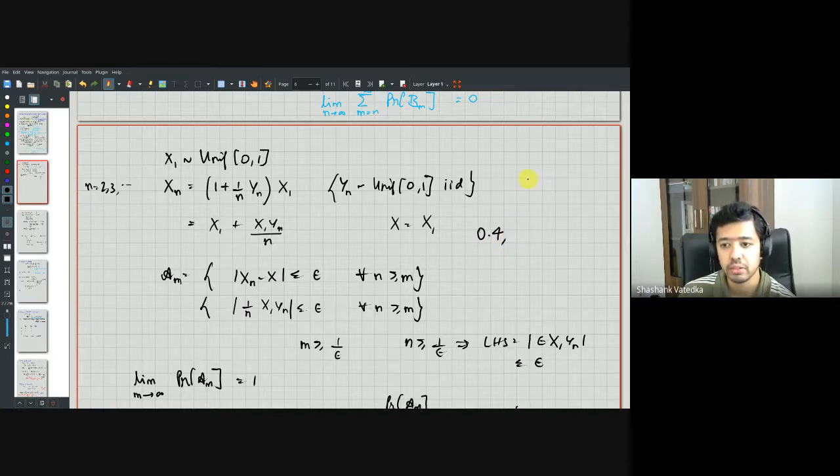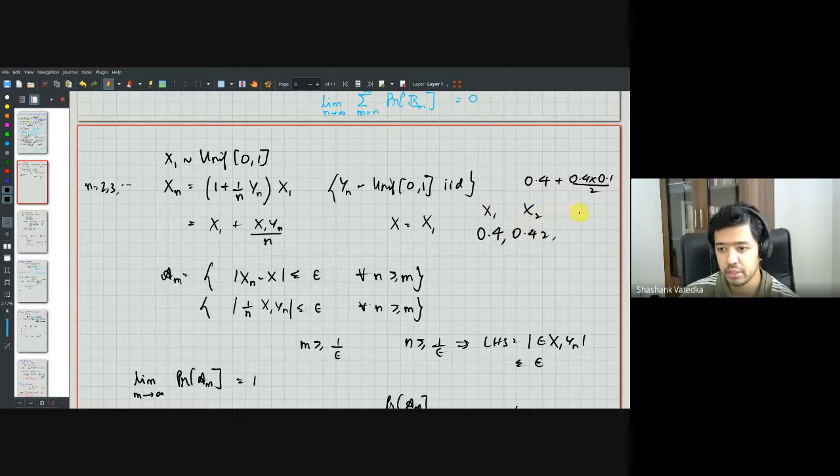X2 could be 0.4 plus 0.4 times y1, where maybe y1 is 0.1, divided by 2. So this would be 0.4 plus 0.02, so 0.42. This is x1, this is x2.